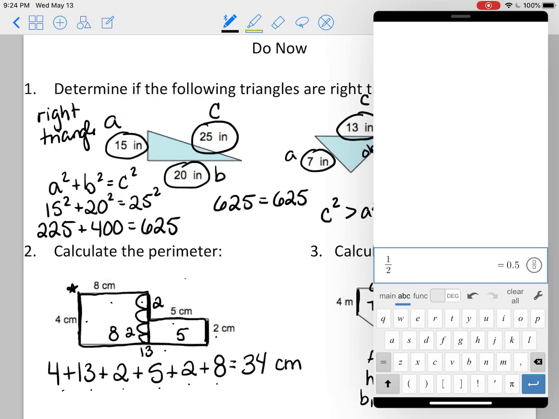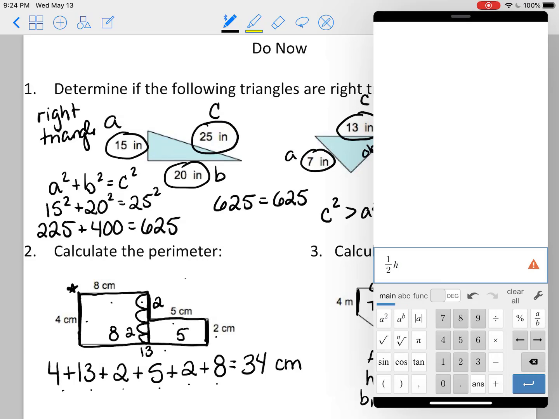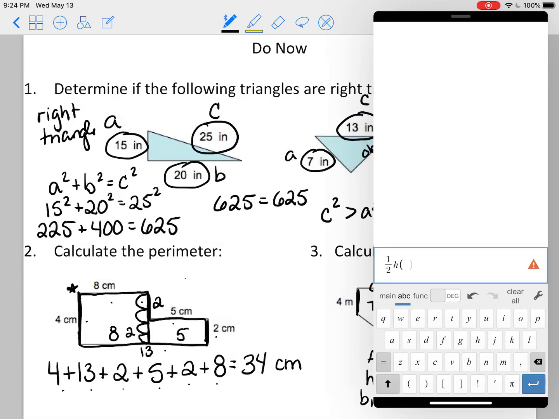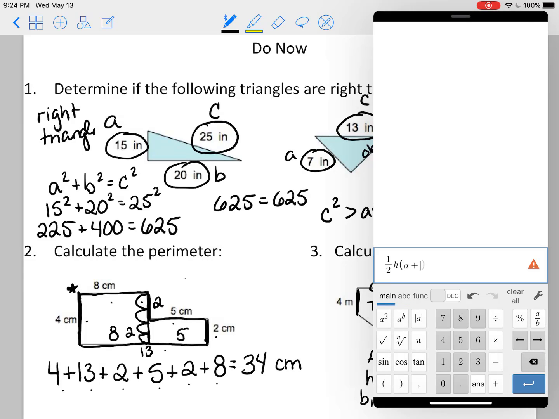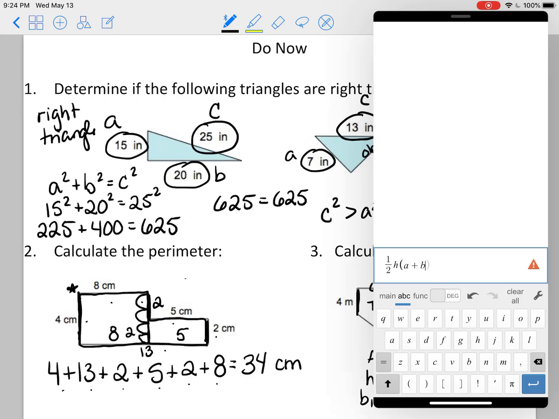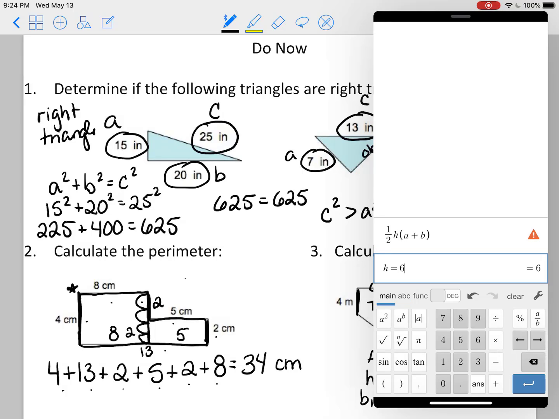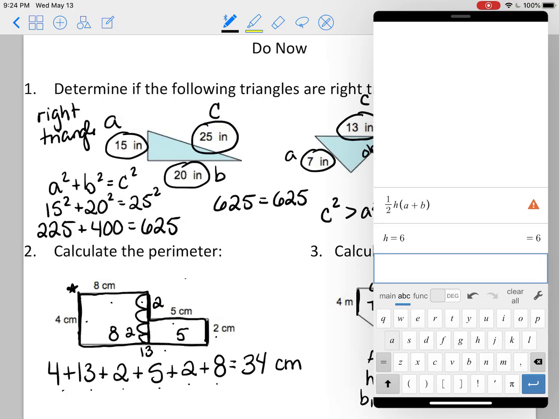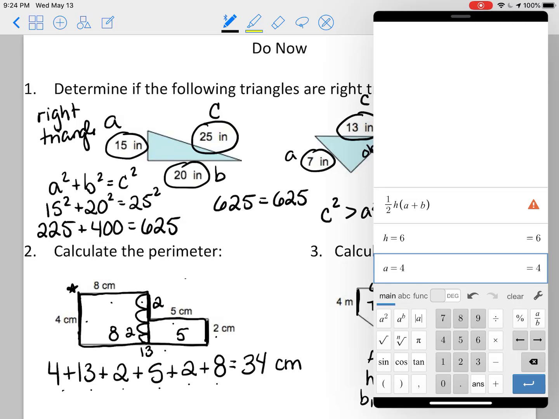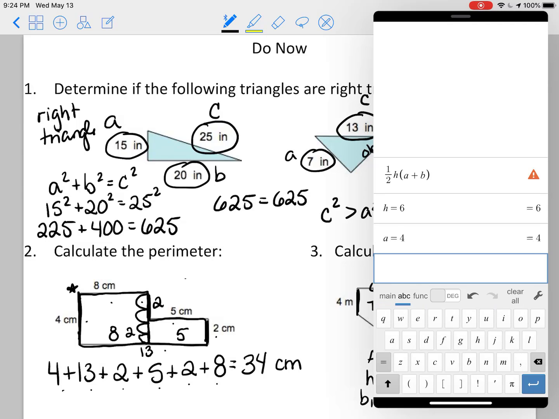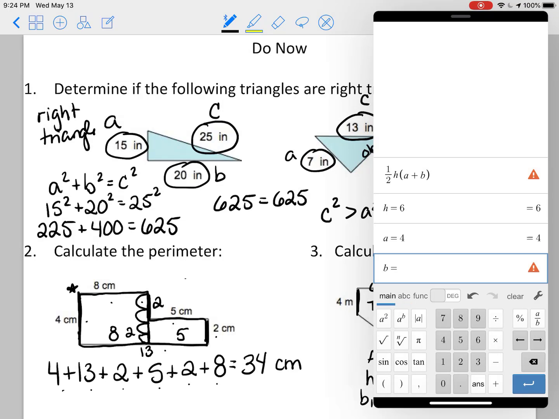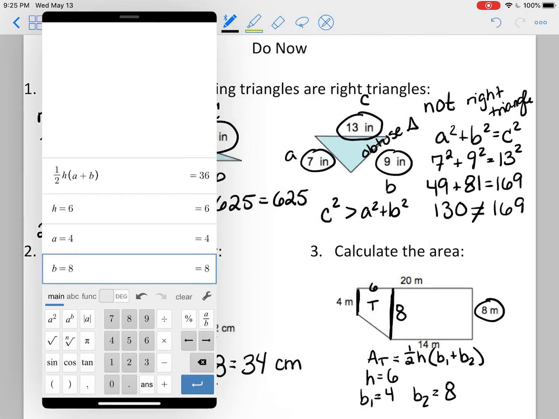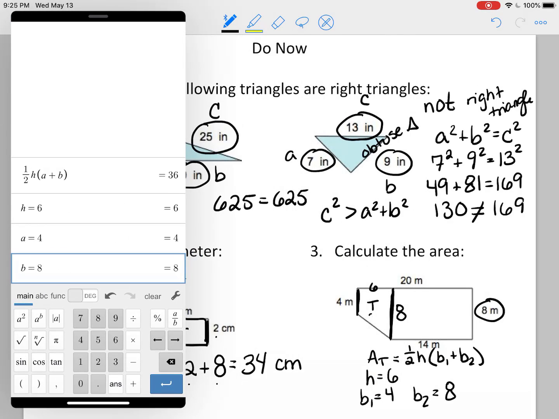So 1/2 times H times the sum of A plus B. And A represents B1 and B represents B2. H is equal to 6. A is equal to 4. And B is equal to 8. So our area for just the trapezoid is 36.